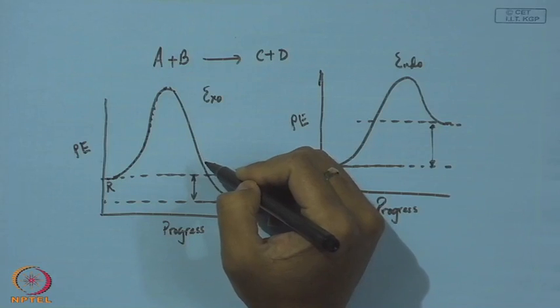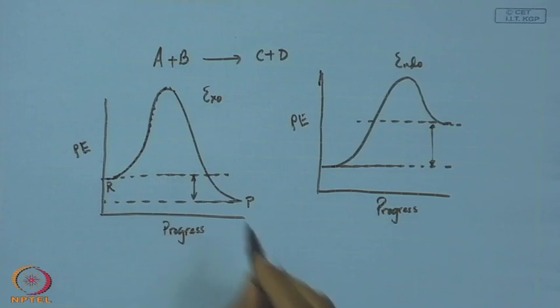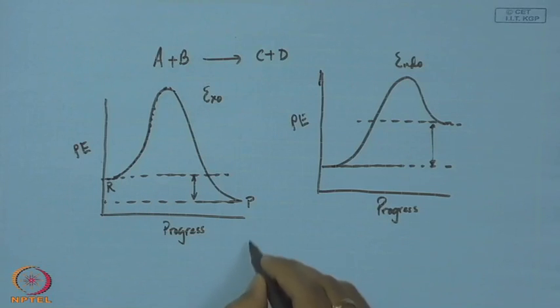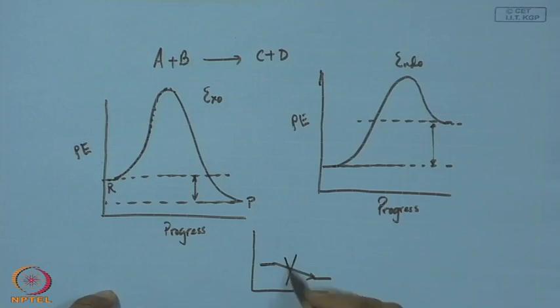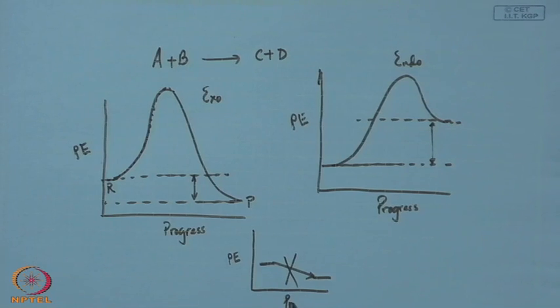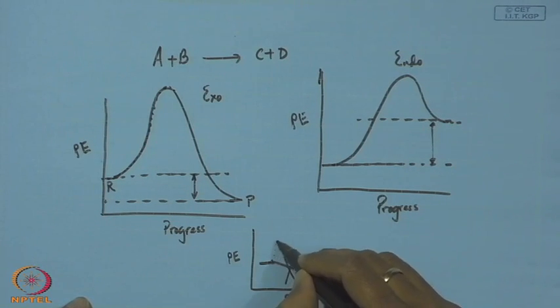But any reaction, you cannot depict directly in this way, like this, that you have this reactant and this product. This is a wrong way of drawing. Okay. PE versus progress. It should always pass through a barrier.